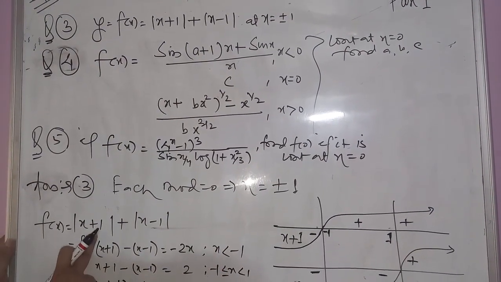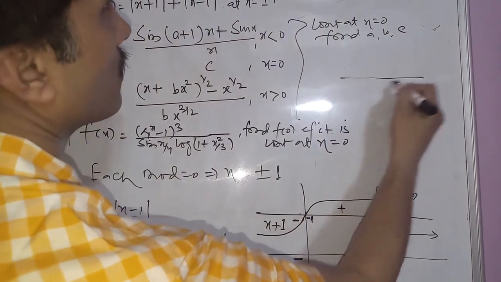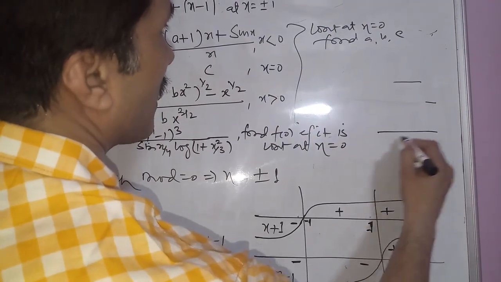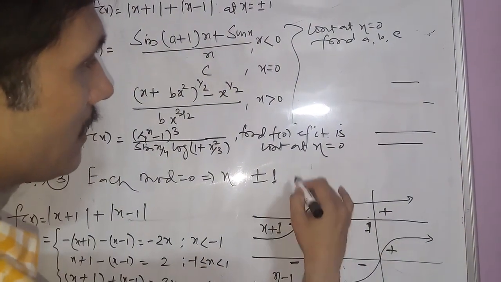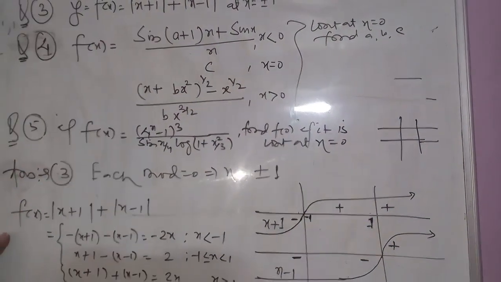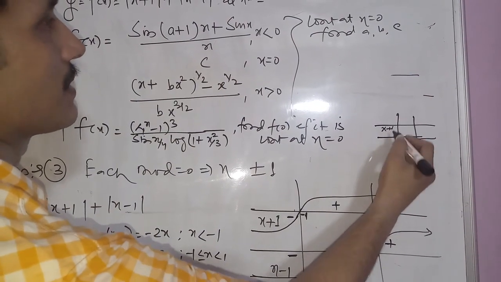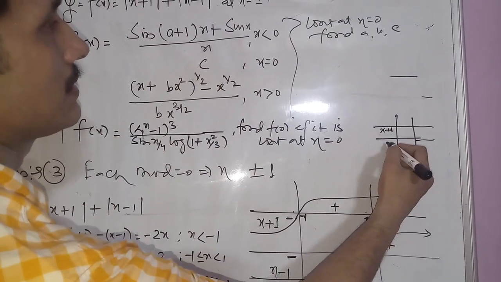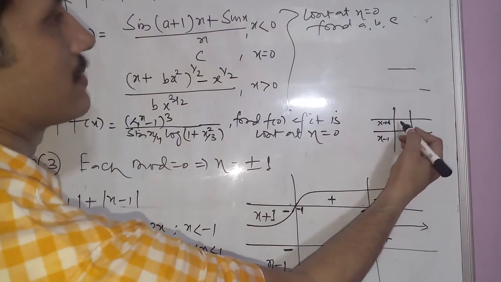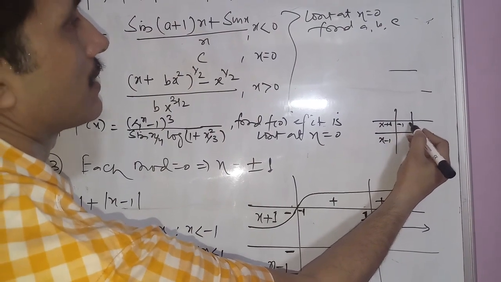Here two mod involved, so we draw two horizontal lines and two vertical lines. First expression under modulus x plus 1, so here x plus 1 below first line and x minus 1 below second line. Here root of modulus is minus 1 and plus 1.